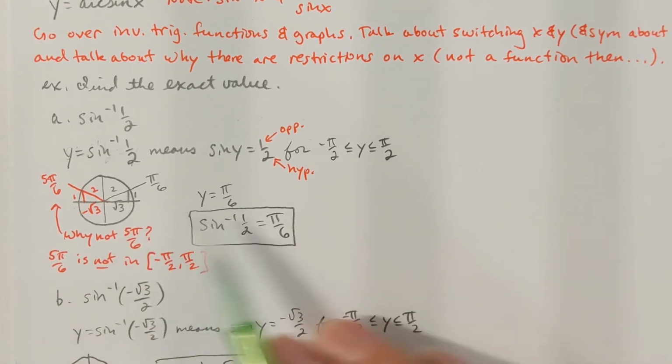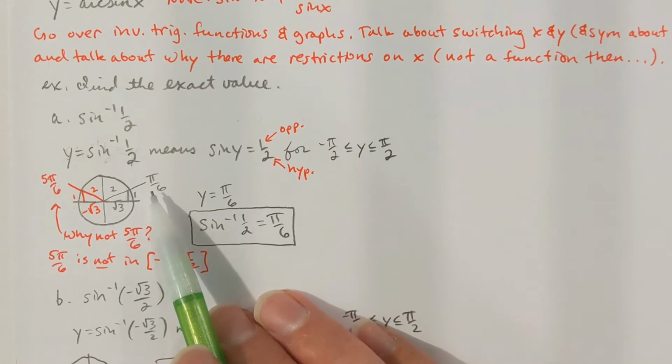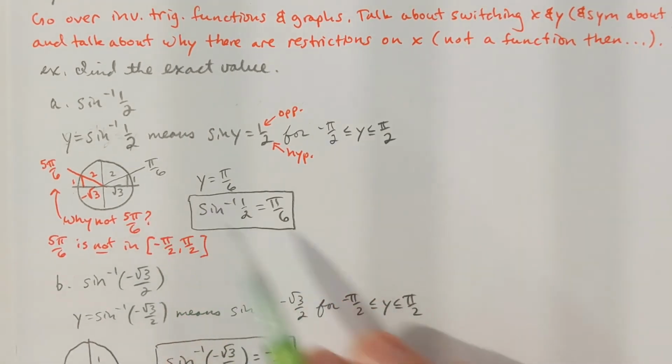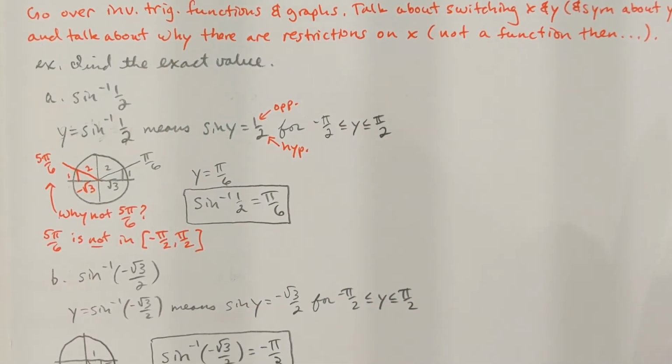This is a 30, 60, 90 right triangle. And so I would recognize that I'm working with a 30-degree angle, or pi over 6 would be the value in radian measure. By the way, for the problems in this section, I believe most, if not all of them, are going to be values where you're going to want to give the answers in radian measure. So keep that in mind.